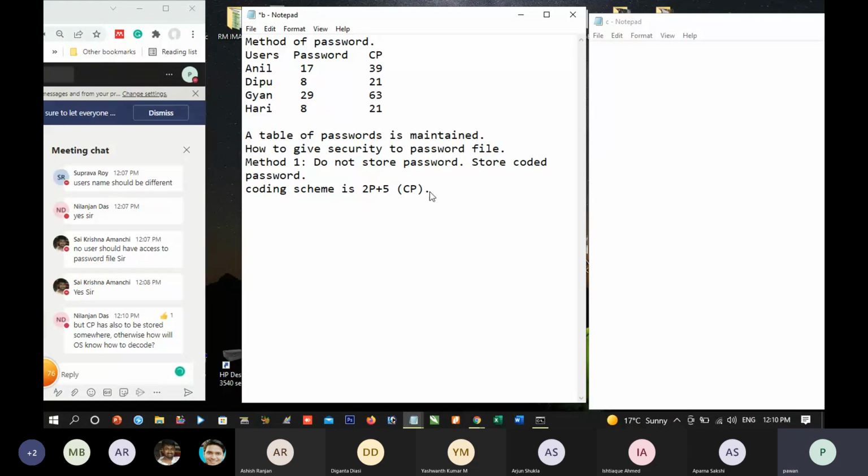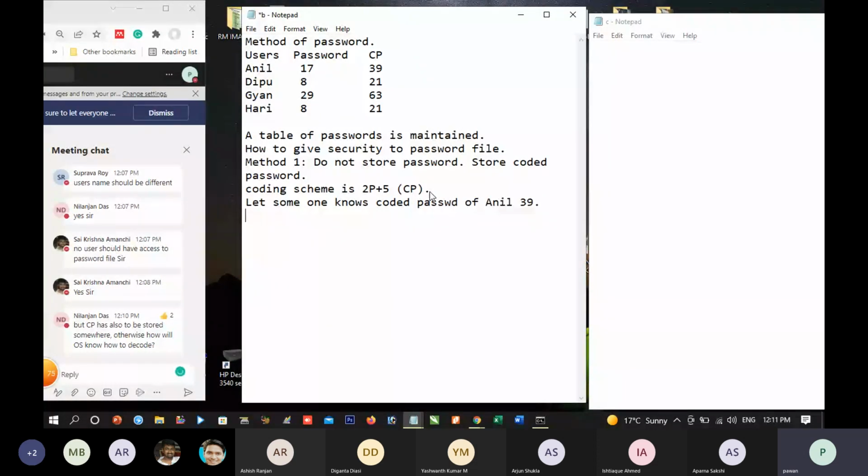Even if the coded password is known, a user cannot log in. Is it correct? If the coded password is known, you cannot log in. Let someone know the coded password of Anil, 39.